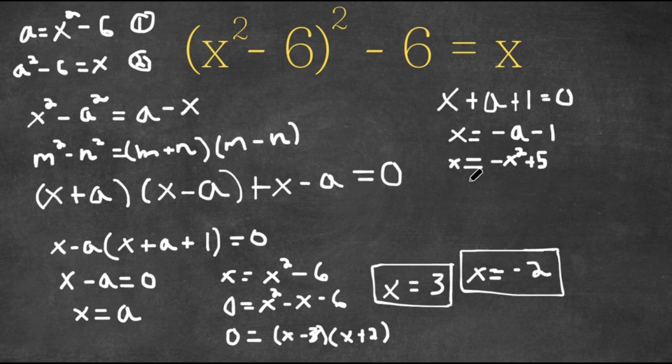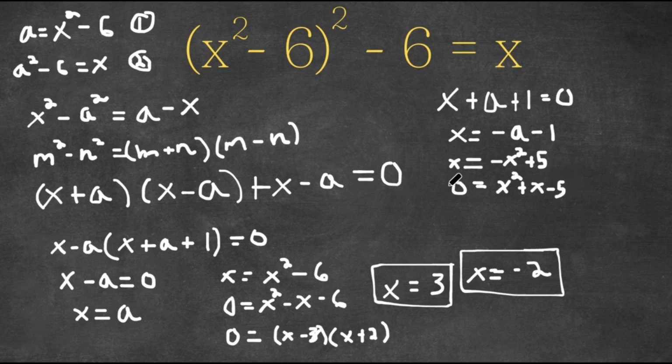Now if we subtract x on both sides, we get 0 is equal to x² + x − 5.